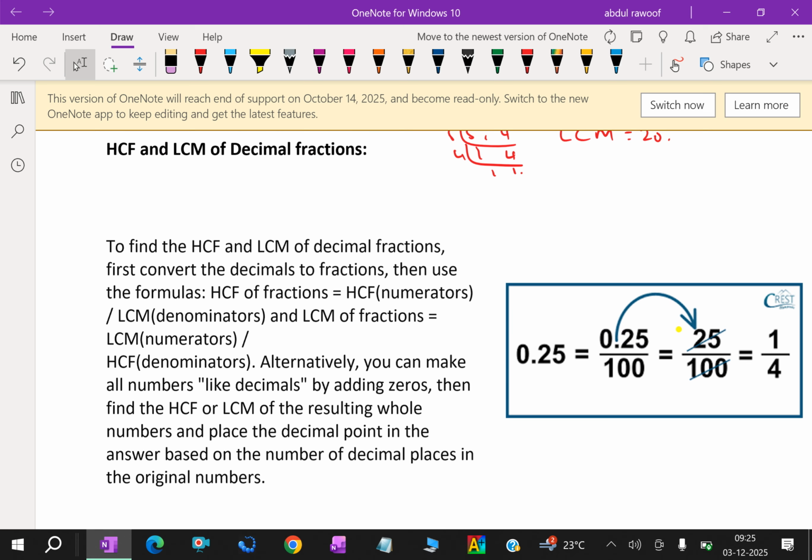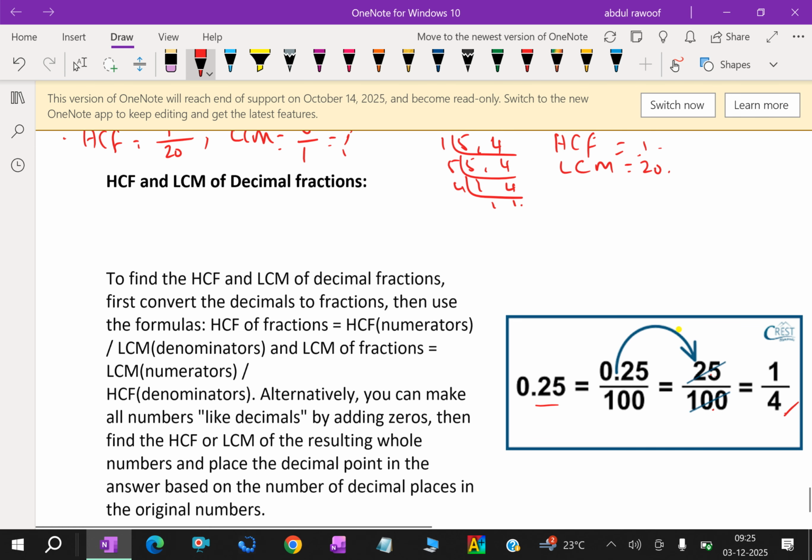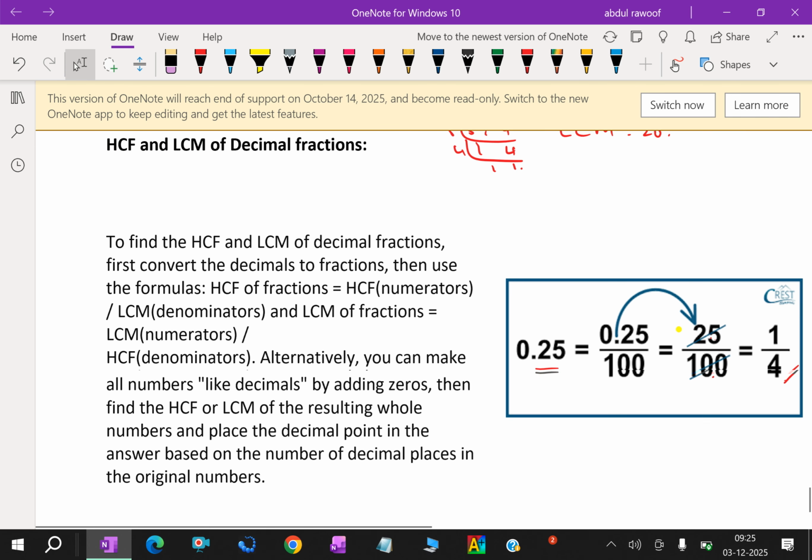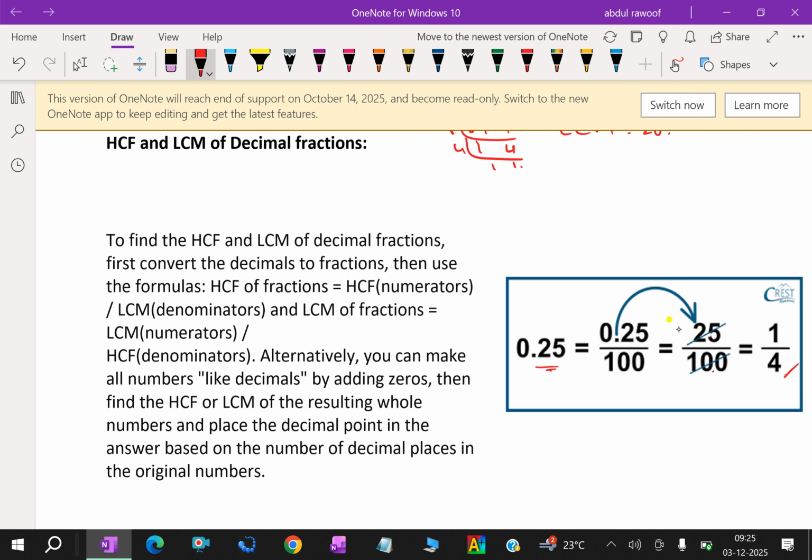Now, how do we find the HCF and LCM of decimal fractions? Suppose we want to write a decimal as a fraction: 0.25. Multiply by 100 on both sides, so 0.25 into 100 over 100 gives 25 by 100. Cancel the common factor 25, and we get 1 divided by 4. After finding the decimal as a fraction, use the formula for the LCM and HCF of fractions.